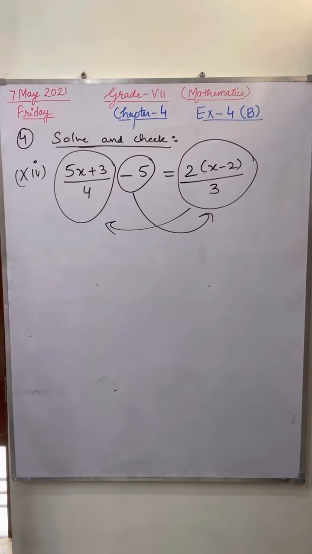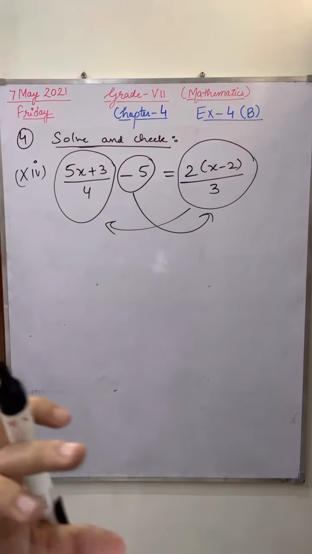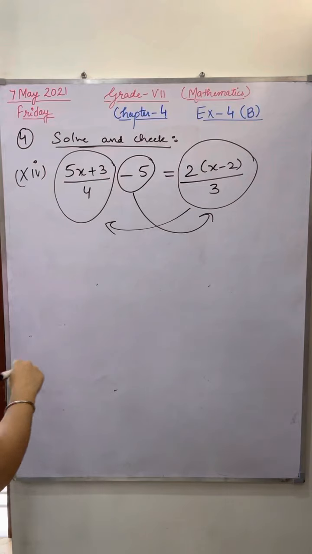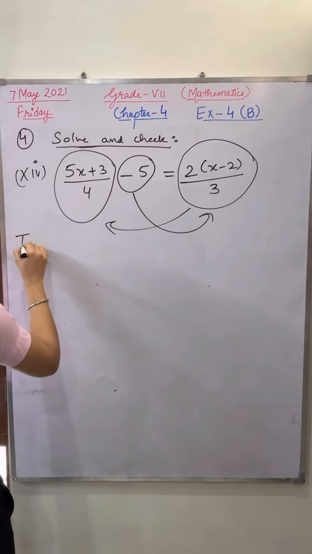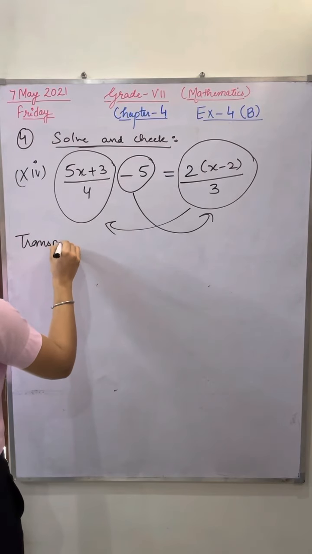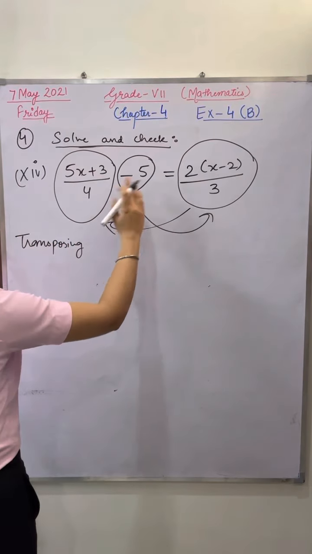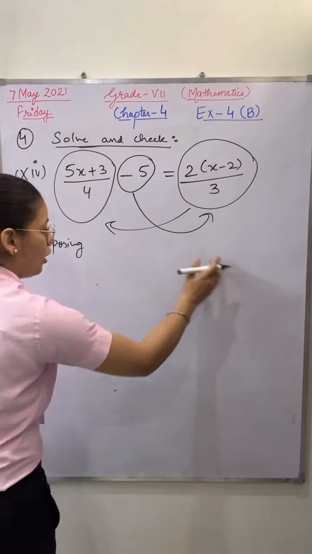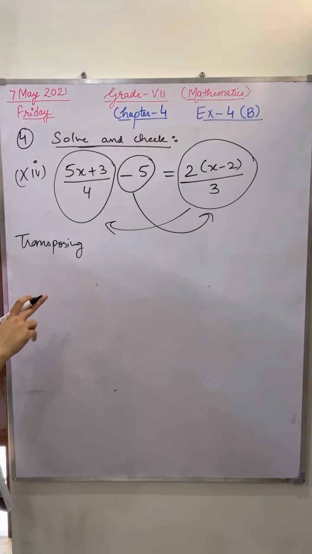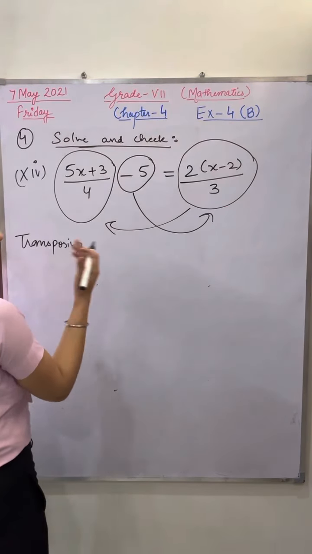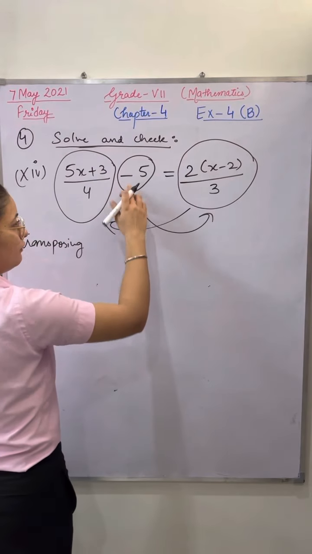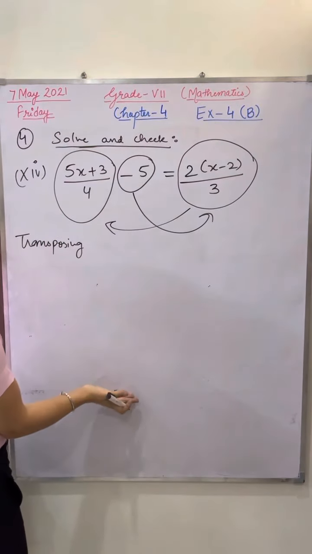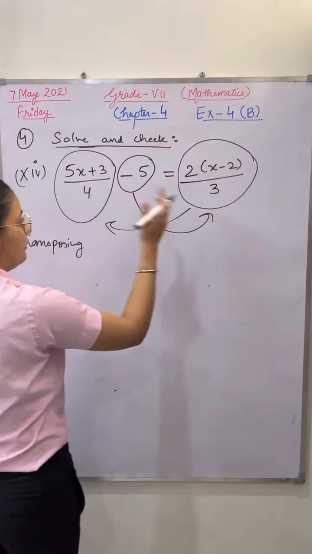Just wait, let me read. Now I am going to apply the transposing method. You can apply the transposing directly in one step or one by one, as I just told you. You can write it this way: transposing minus 5 to the right hand side, and in the next step transposing this value to the left hand side.